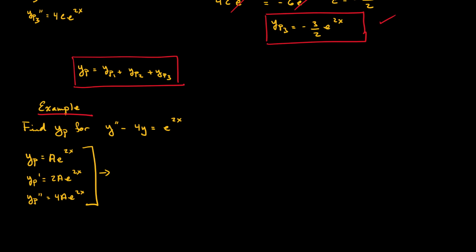So we have the second derivative, 4a e to the 2x, minus 4 times the function itself, which is the proposed particular solution, and that is 4a e to the 2x. And that's equal to e to the 2x. And we see that the first and second term cancel out. So what this gives us is 0 is equal to e to the 2x.